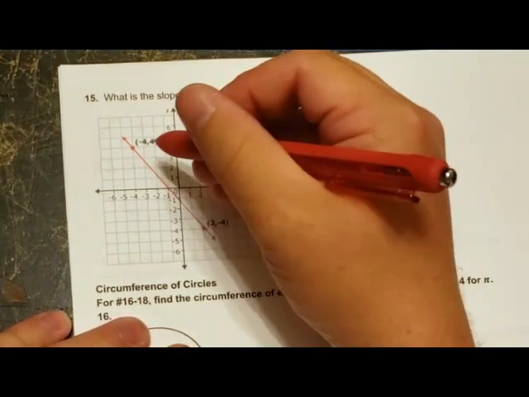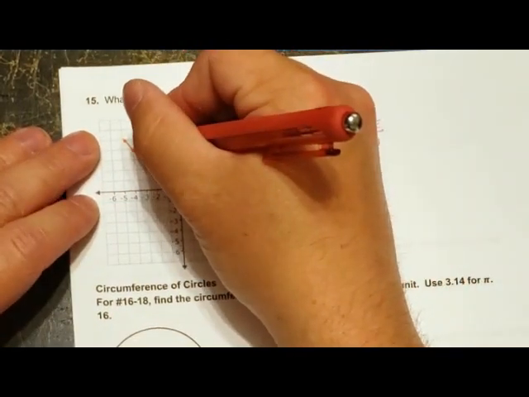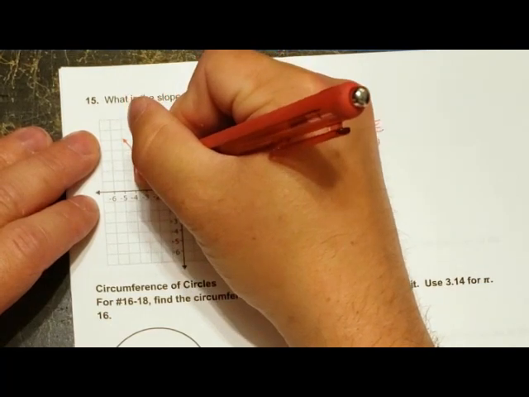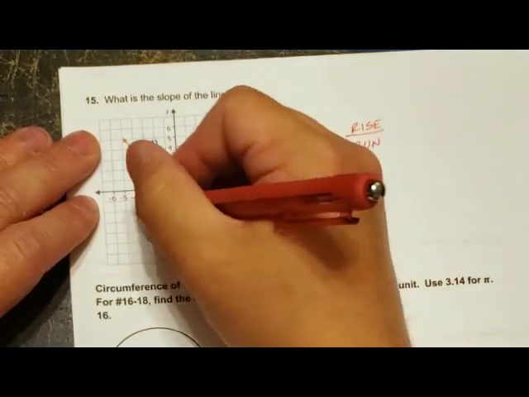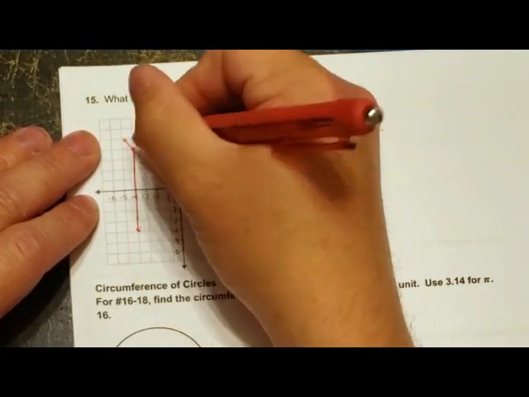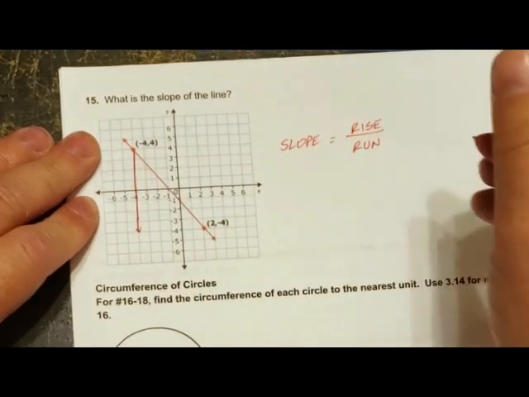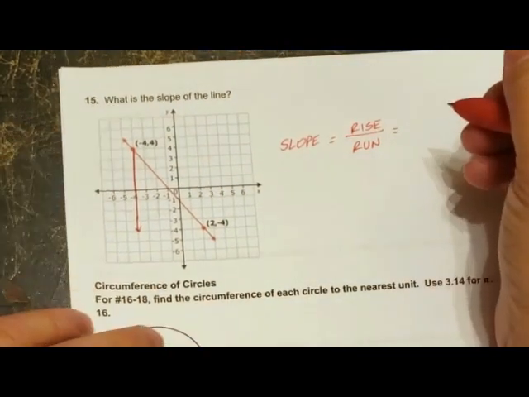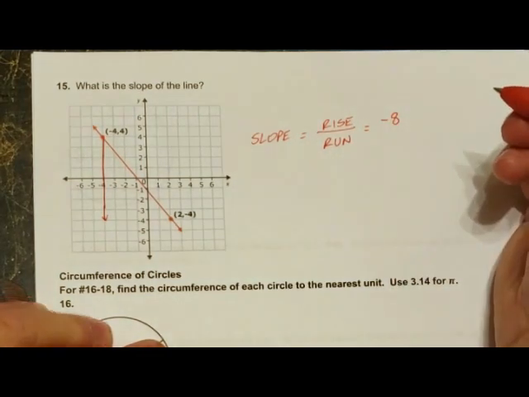So let's go from this dot to this dot. So we would have to go down 2, 4, 6, 8. We would have to go down 8. So that would be what? A negative 8.